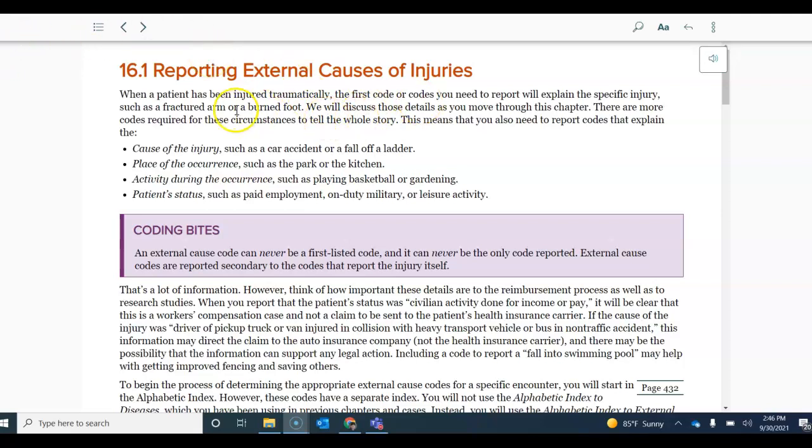In the front of your book, it tells you which order they need to go in. So take a minute, pause the video, and go to the front of your I-10 book. Mine is on page G27, and look at the section where it says Chapter 20, External Causes of Morbidity, V00-Y99.